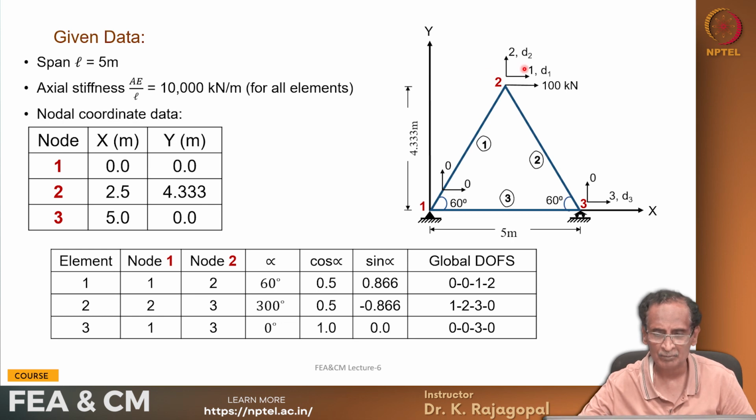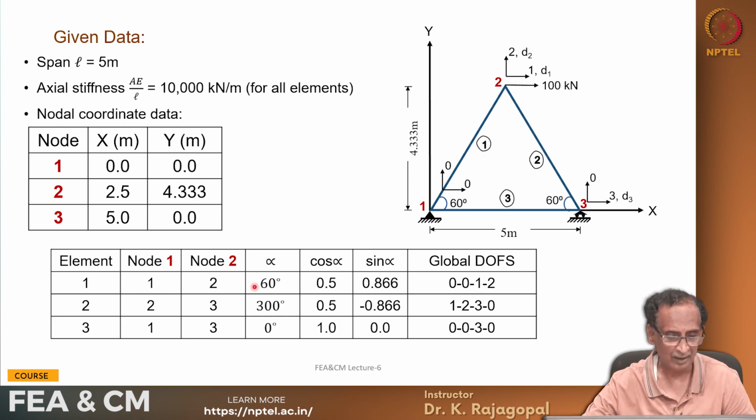This was the structure that was given. It has 3 nodes, node 1, node 2, node 3, and 3 elements 1, 2 and 3. Element 1 is connected between nodes 1 and 2, element 2 is connected between nodes 2 and 3, and element 3 is connected between nodes 1 and 3, and the direction of the element is from node 1 to node 2.